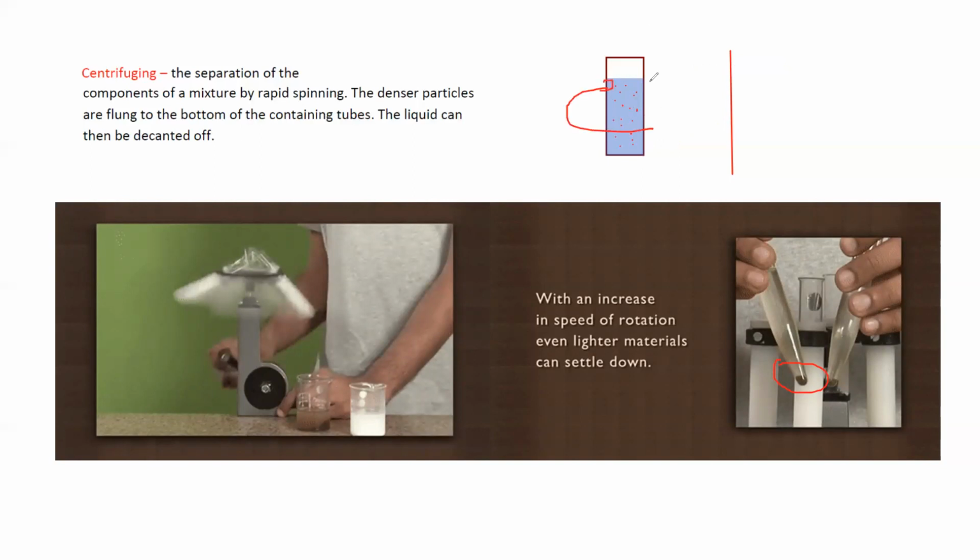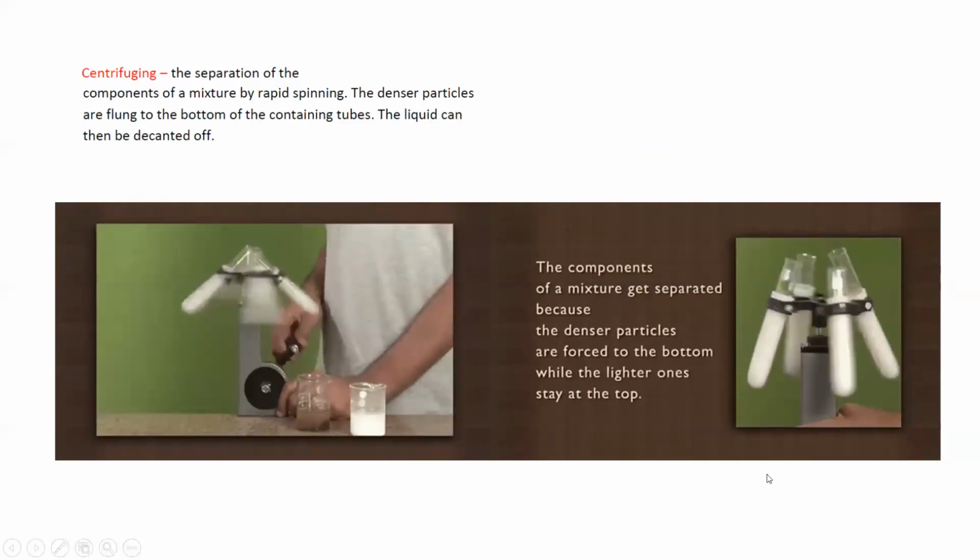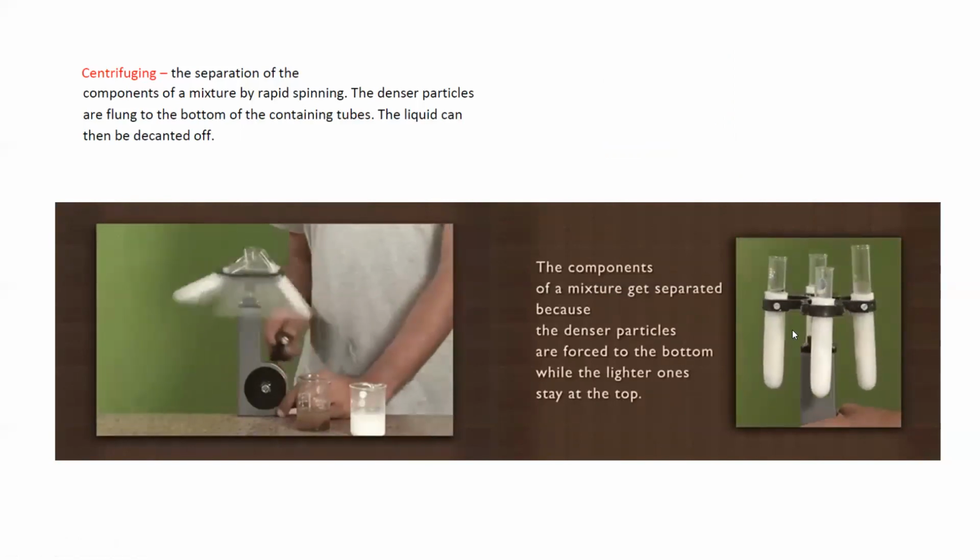When we move them at a very high speed, it will force the particles to settle down, and then we can use decanting or filtration to remove the solid from the solvent. Is it clear? Centrifuging. Any question or doubt related to this part?